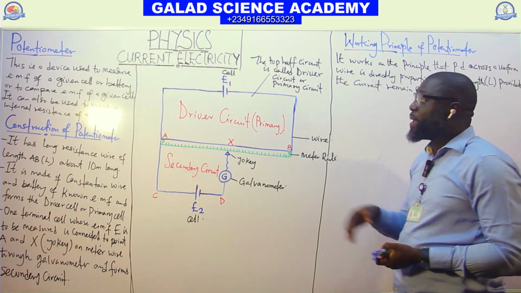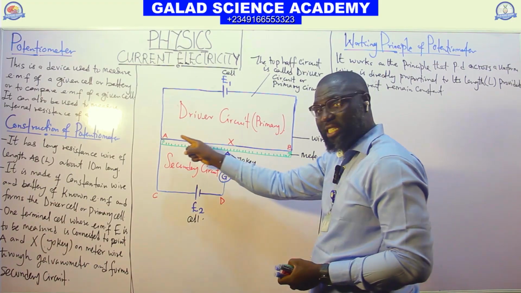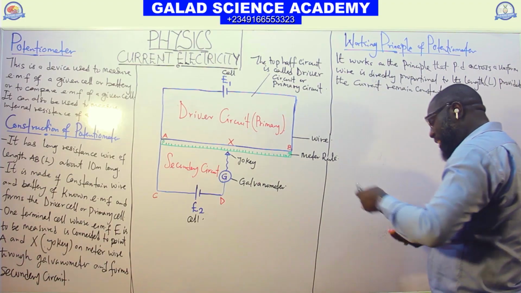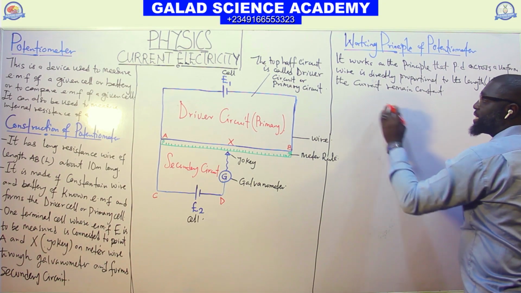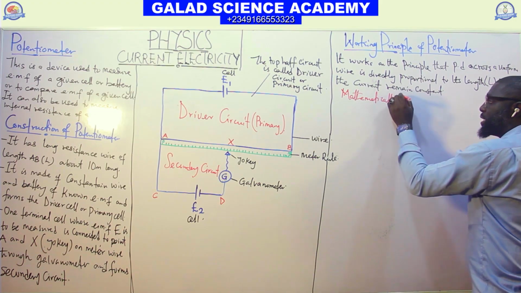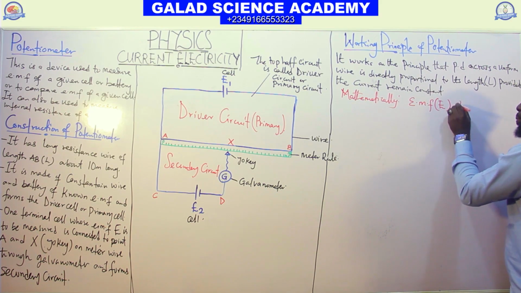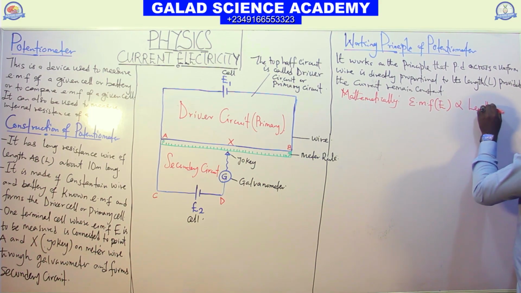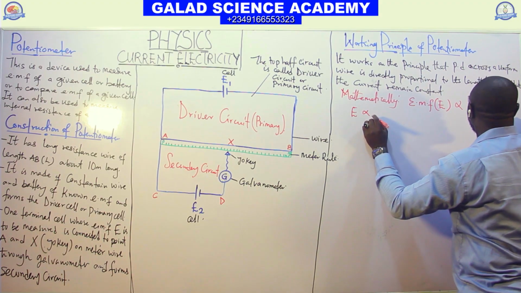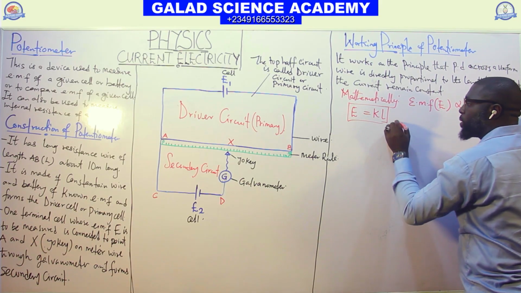So this tells you that the EMF of the cell is proportional to the length of the wire on a uniform meter rule, and the current there remains constant. Mathematically, the EMF E is proportional to length L. From this expression, E is equal to KL, where K is a constant.